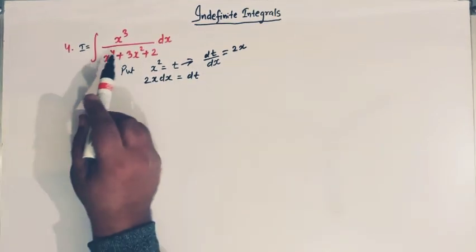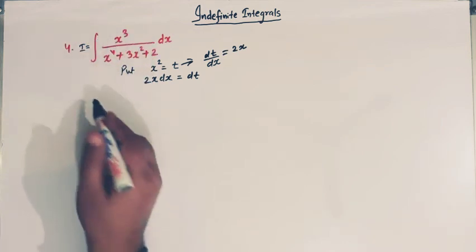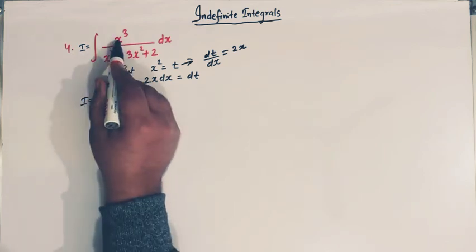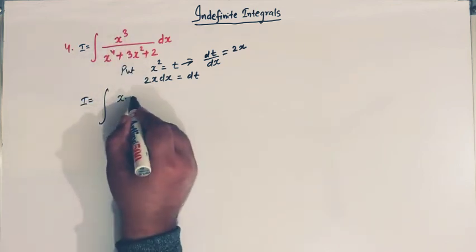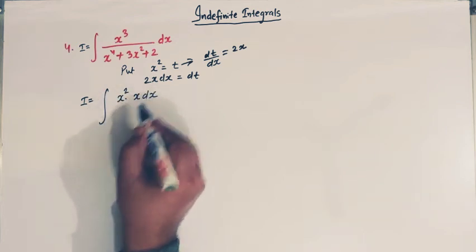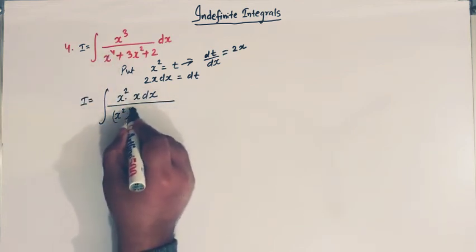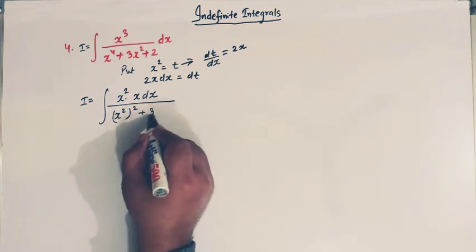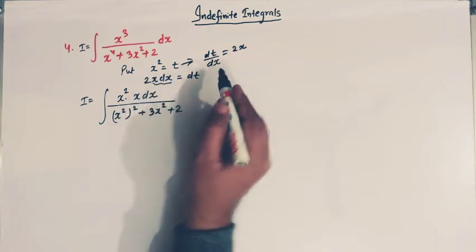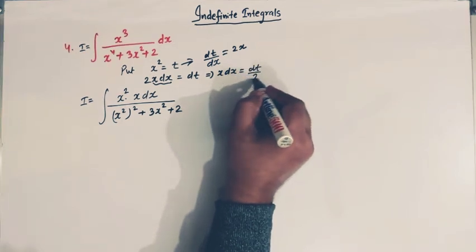So now this integral can now be written in terms of t as here for x cube we can write x times x square, or we can write x square times x dx, right, and x raised to 4 can be written as x square squared plus 3x square plus 2, and from here x dx can be written as dt over 2.